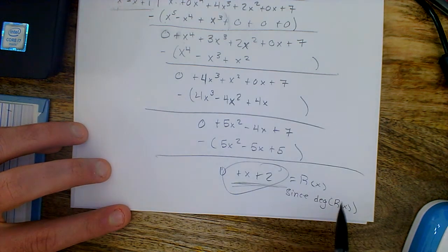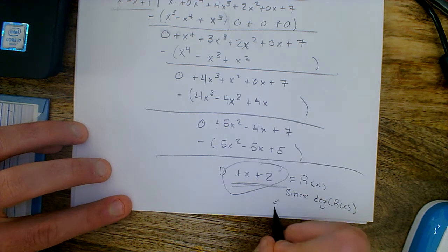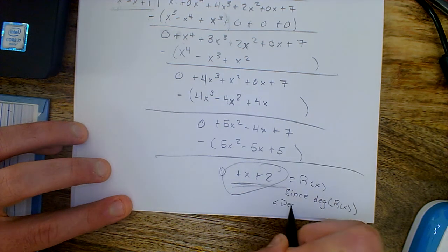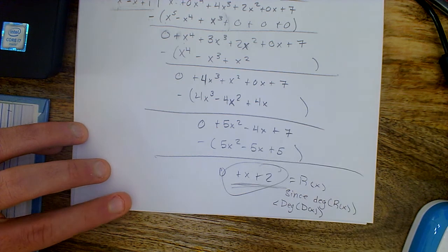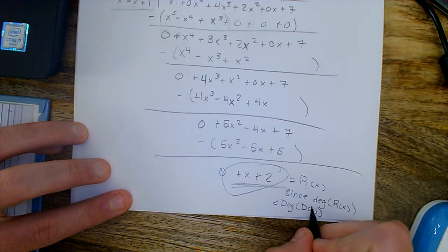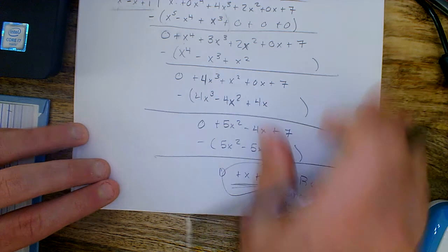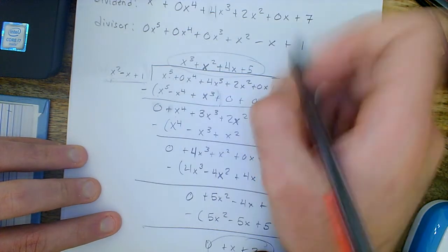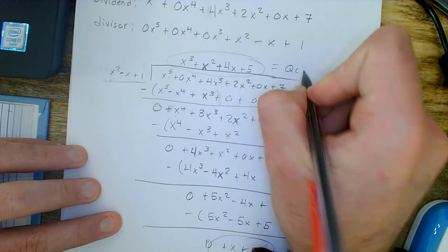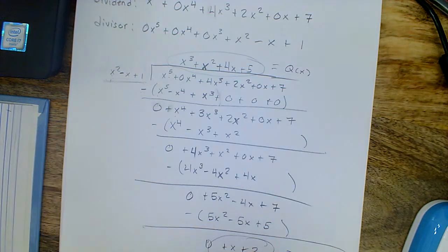So some people say the degree of r of x is less than the degree of d of x, from our definitions earlier. Okay, and this is what your Q is. That's your quotient.